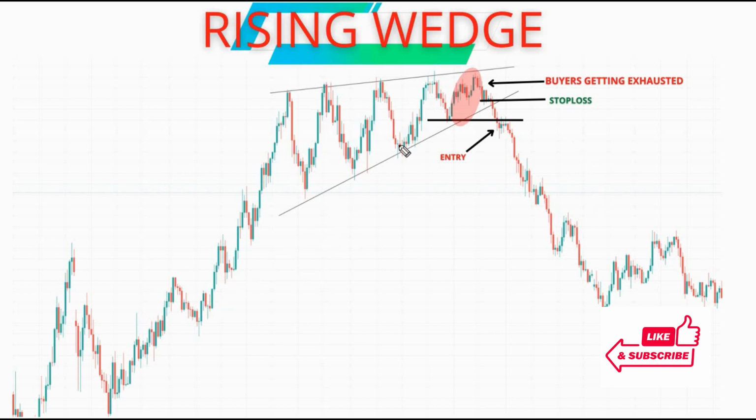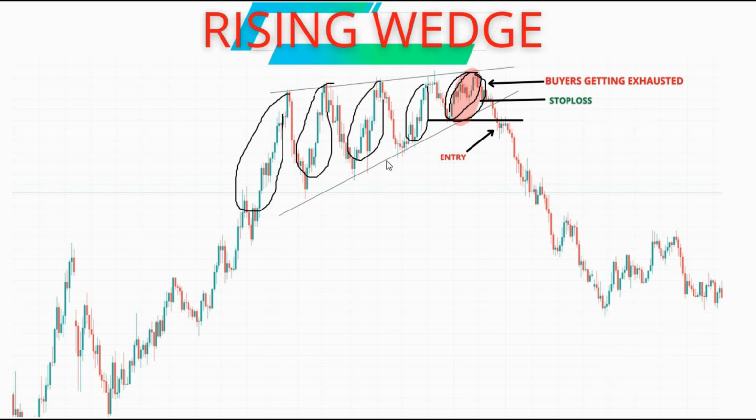Now see the last buying momentum. Previously we were seeing strong buying momentum, but what is happening at this buying momentum? The buying pressure is getting very, very weak.